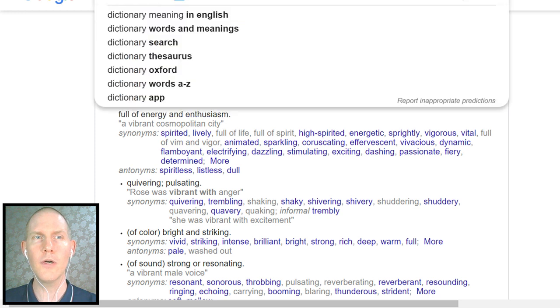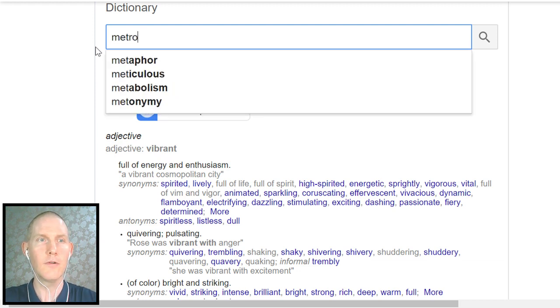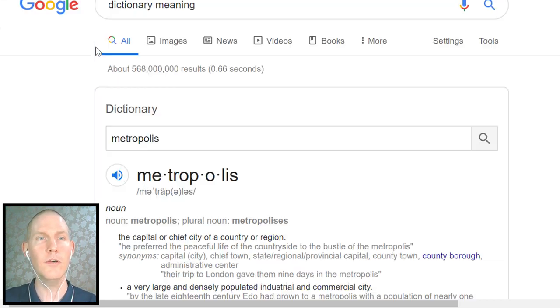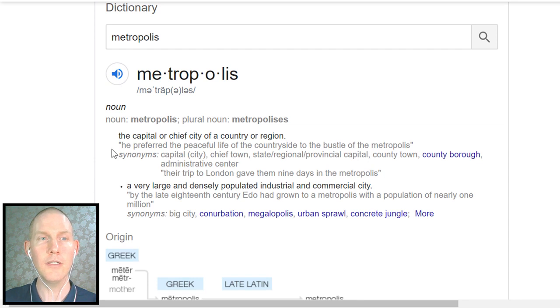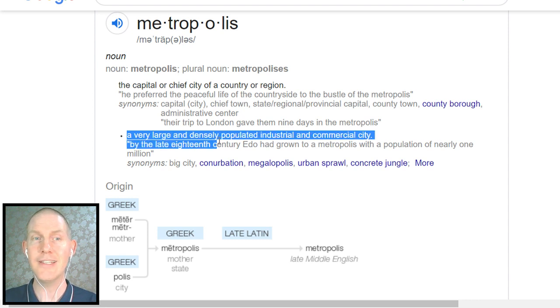And the other word was metropolis. Metropolis is, here we go, the one that's going to work for our situation, a very large and densely populated industrial and commercial city, all right?